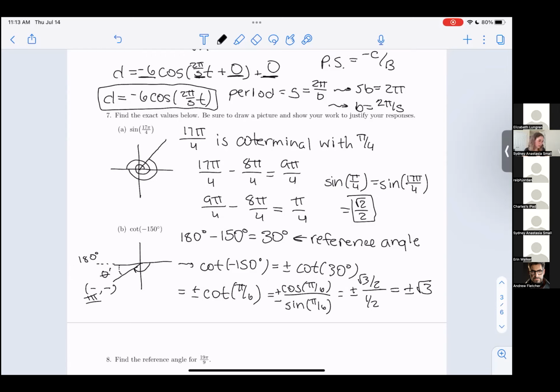And sine will be negative because we're in the third quadrant, and the y value is negative, and sine is just the y value. So to do cotangent, we're doing a negative divided by a negative, which is always a positive. So our cotangent in this case will be positive. Therefore, the cotangent of negative 150 degrees is equal to the positive square root of 3. And that's your answer.